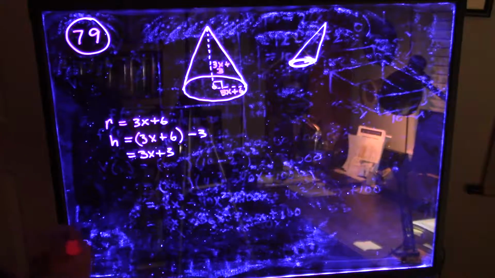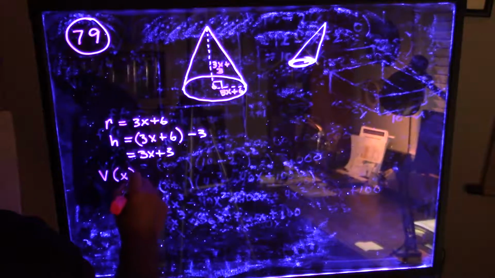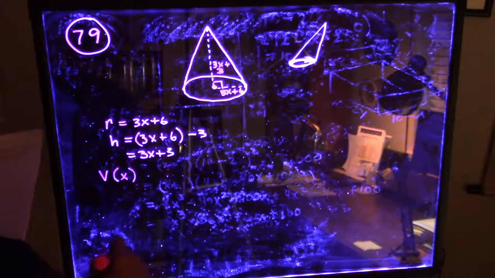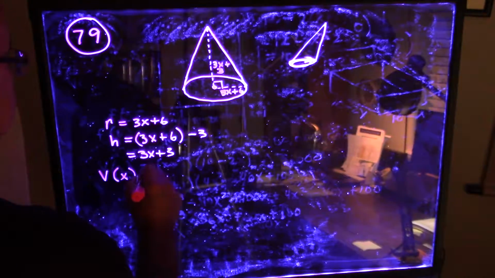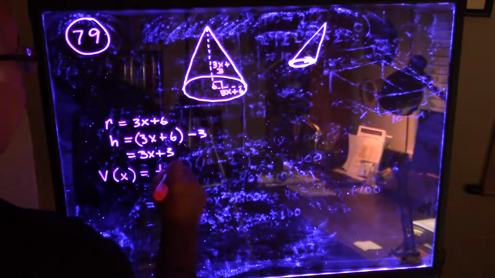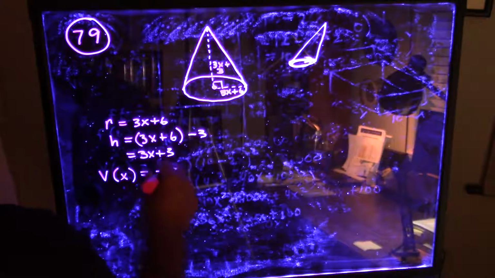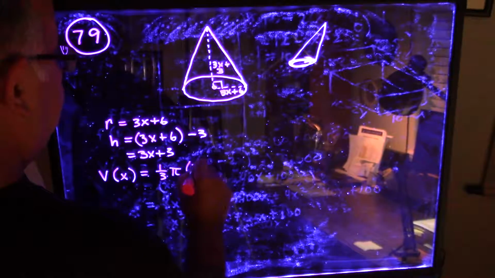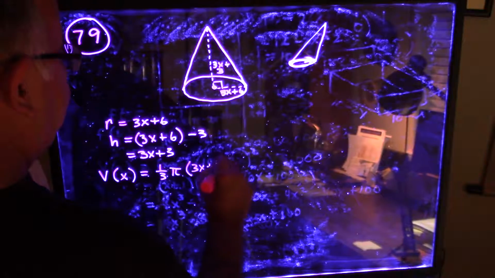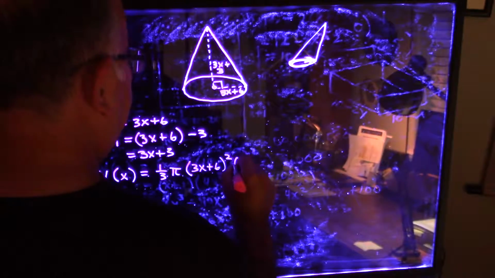Okay, so the formula for volume, use their formula. It's 1/3 pi r squared h. There's your 1/3 pi. And then r squared, r is 3x plus 6, so 3x plus 6 quantity squared, times h, which is 3x plus 3.